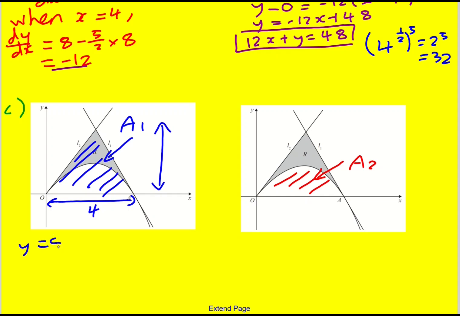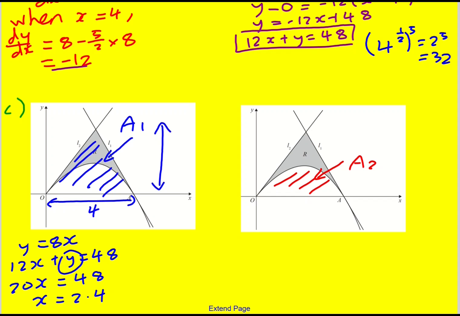We had y equals 8x for L2 and 12x plus y equals 48, which we showed for L1. Therefore, I can just sub in 8x for y here. I'm going to get 20x equals 48, and therefore x is going to be 2.4. Now that is the value of x at which they meet.